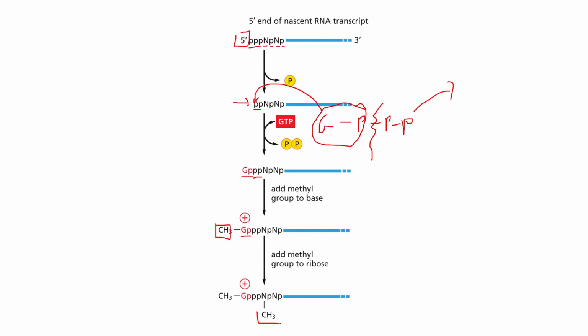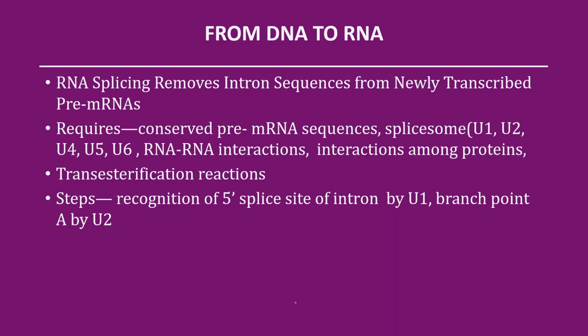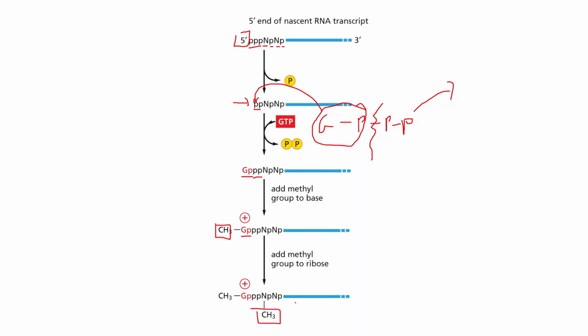We're going to methylate the first nucleotide that's in contact with the guanine. And then once both are there, now you have a stabilized 5' cap. Okay. So 2 methyl groups are required to stabilize this 5' cap.